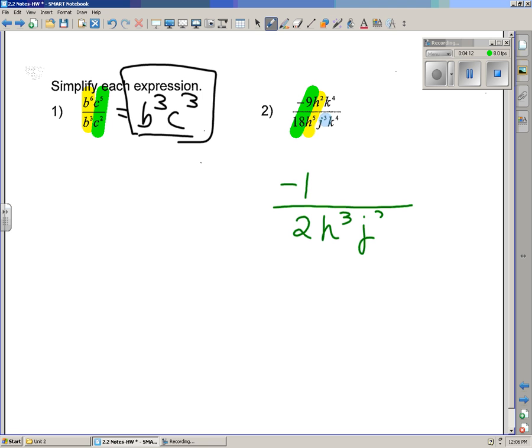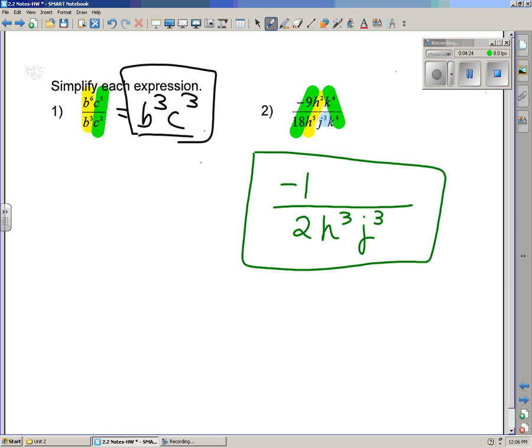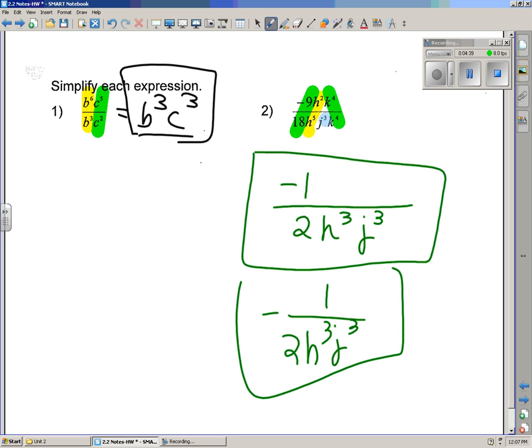That just stays where it is. And then in terms of the k's, those guys are equal. They tend to cancel. They turn into a 1. So your final answer is negative 1 over 2 h to the 3rd, j to the 3rd. There's no problem with having an answer look like this. If you don't want the negative 1 on top, you can just do negative 1 over 2h cubed j cubed. Doesn't really matter how you write your answer.